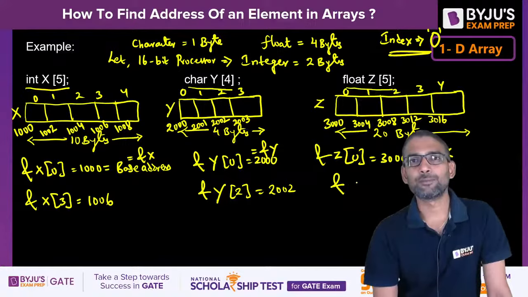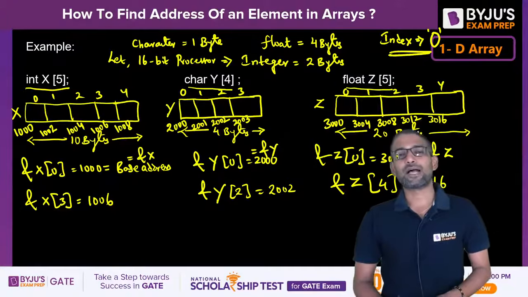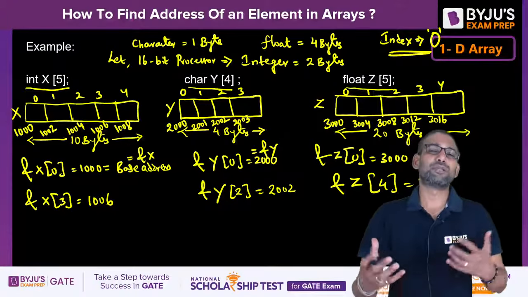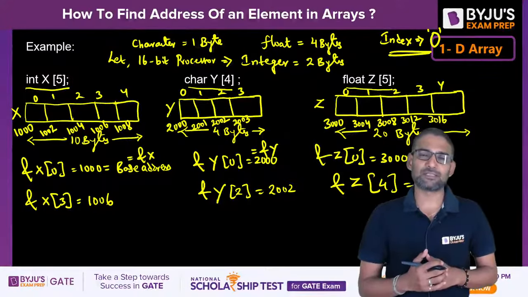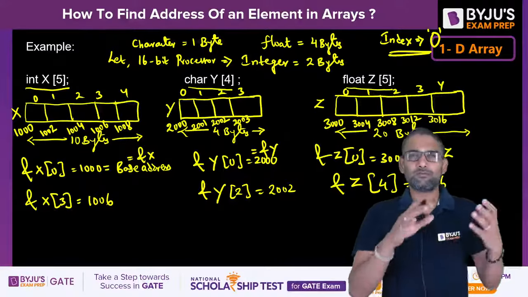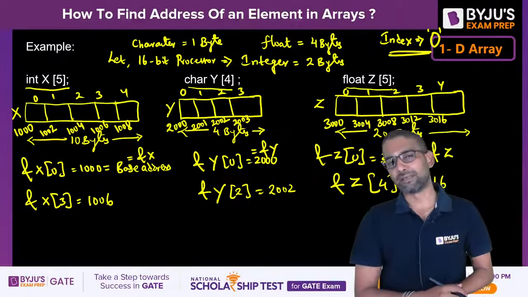Address of z of, let's say, 4 as 3016. If it is just having 5 elements, 4 elements, 10 elements, 20 elements, just a small number of elements, if the array size is small, we may illustrate the complete array and find out address of any element.